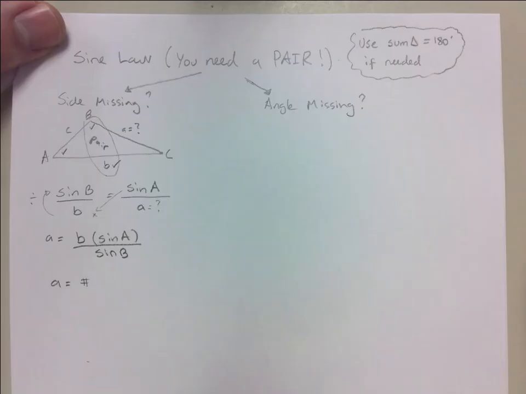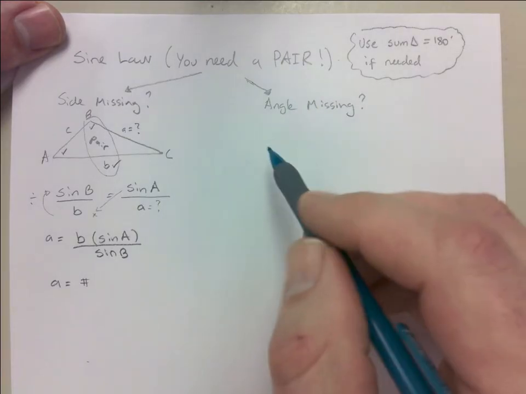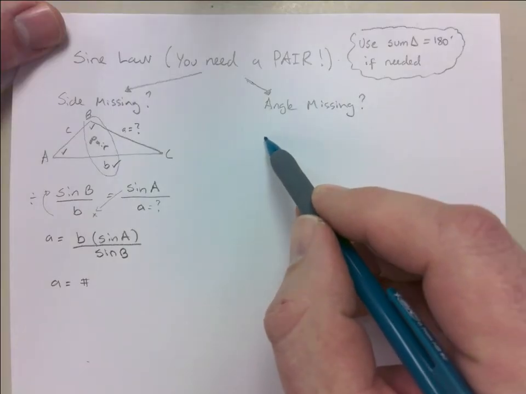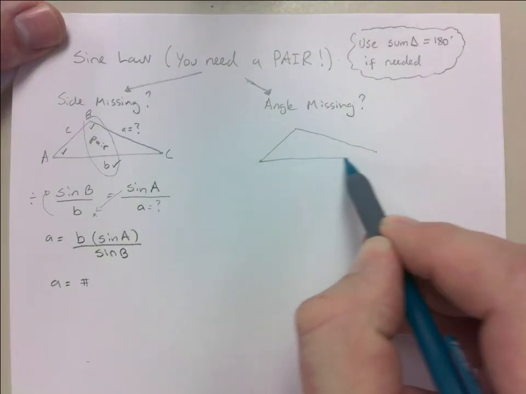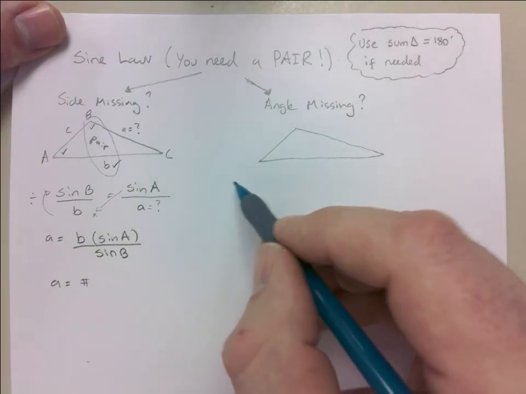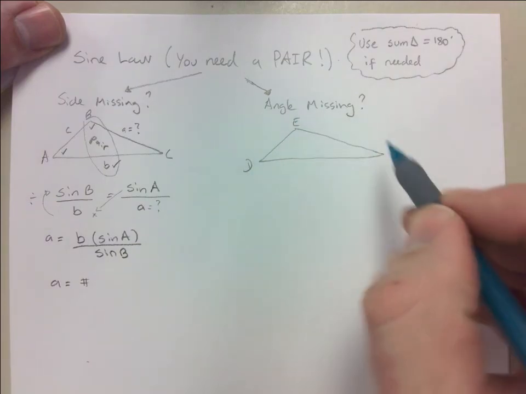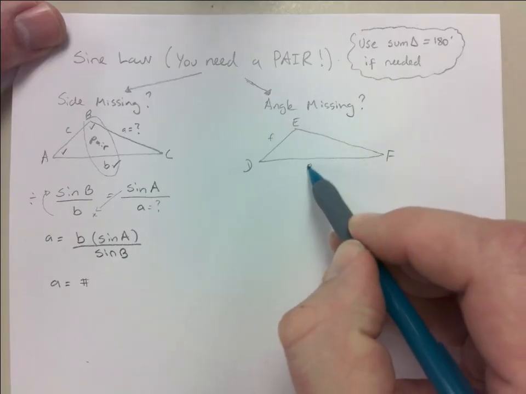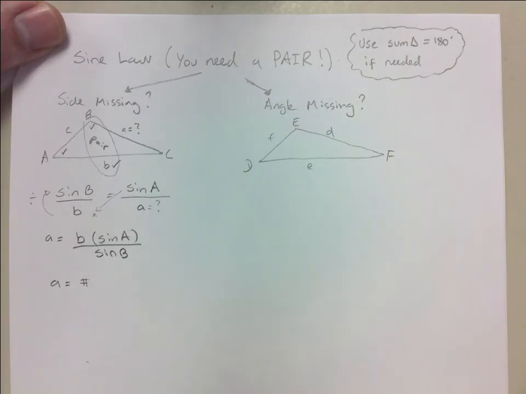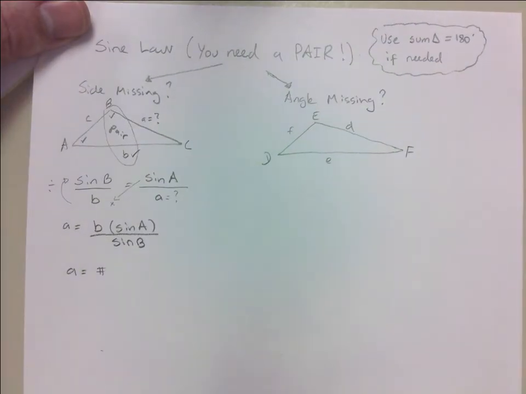You've determined it's sine law. You've done everything you needed to do to determine it's sine law, so now you're still missing an angle. I'm going to use a different triangle, different letters. So here it is, D, E, F, like so.